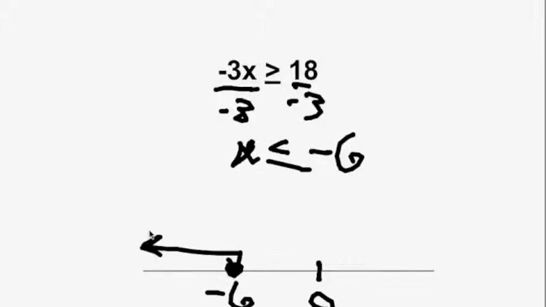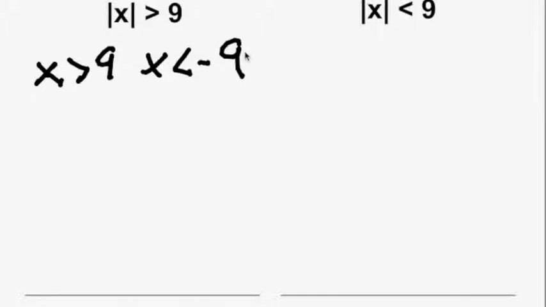So an interesting thing occurs when you have absolute value signs. So the absolute value of x is greater than 9. That means that either x is greater than 9 or x is less than negative 9. Because imagine you had, say, x equals negative 10.